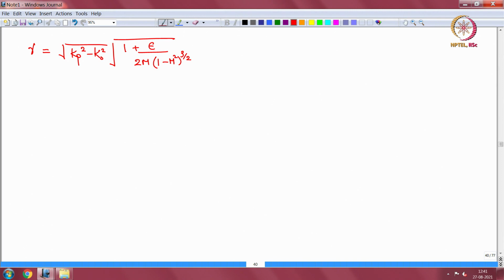So for small value of epsilon, gamma is approximately square root of kp square minus k0 square, and I get rid of the root, which is 1 plus epsilon by 4m into 1 minus m square to the 3 by 2.